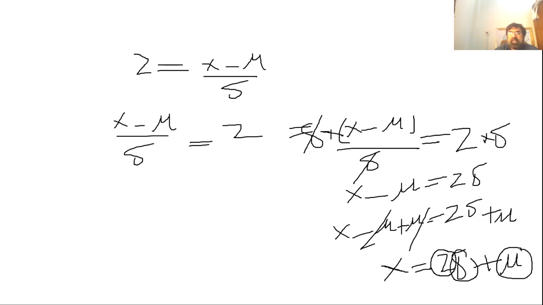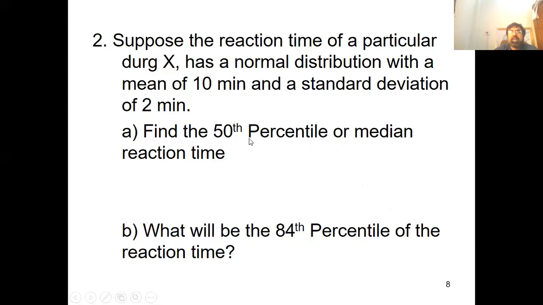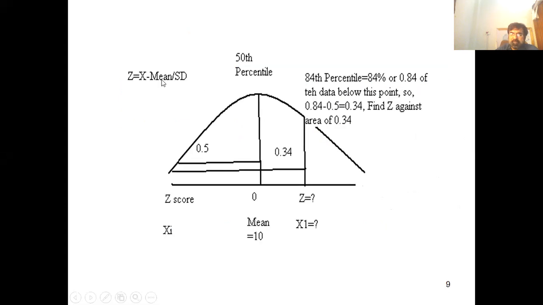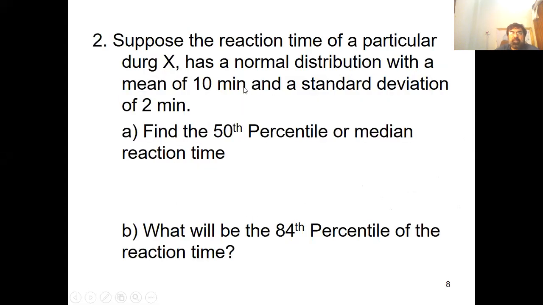Now, what is the data over here? Find the 50th percentile or median reaction time. What will be the 84th percentile of the reaction time? The mean is 10 minutes with a standard deviation of 2 minutes. So we have to extract data first, and then we will go for the solution.